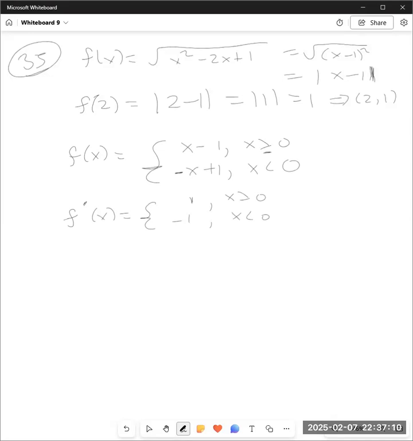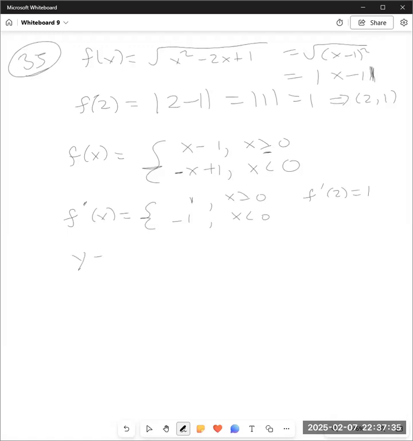I can put or equal to here, but the derivative won't exist at that sharp point. Don't define the derivative at 0. So we have the point 2 is on this piece here. So f prime of 2 is going to be equal to 1.